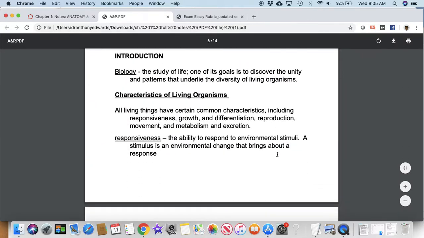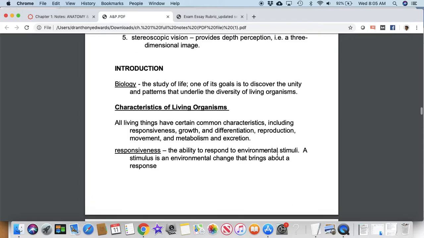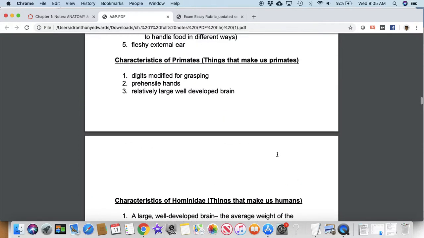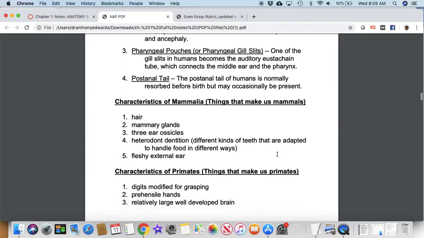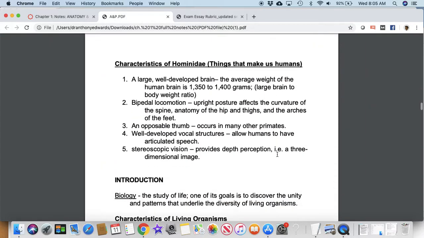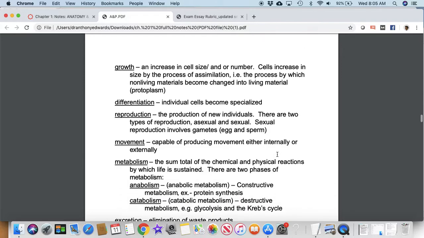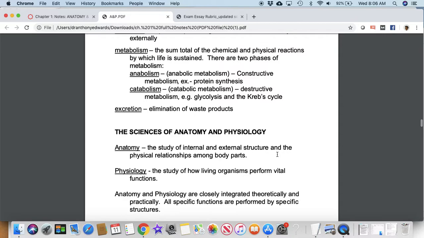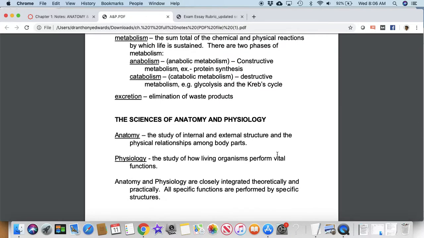So here you are with characteristics of living organisms. Here's your definition of biology, and here's your definitions of anatomy and physiology. Characteristics of living organisms, we just passed that. You'll need to be able to list and define 2 characteristics.